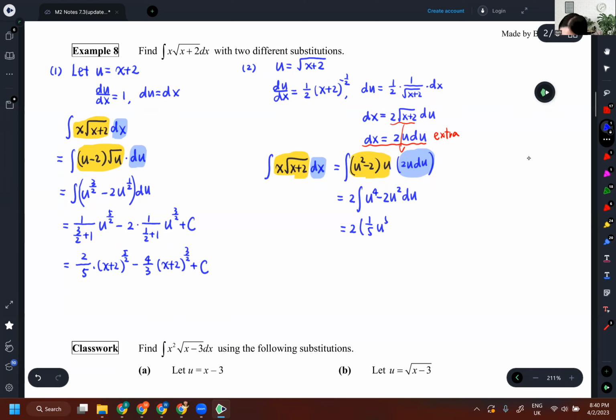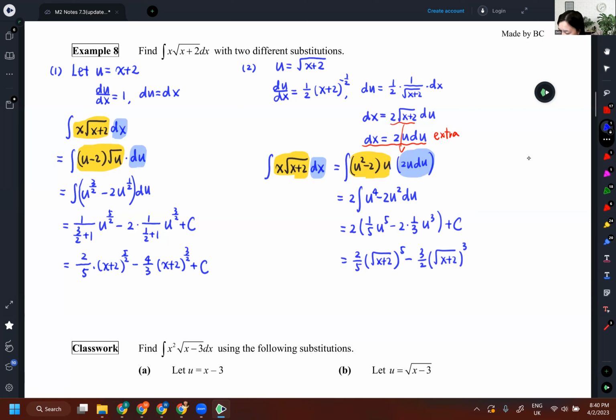And then that's 2 over 5 times square root of x plus 2 to the power 5 minus 3 over 2, no, 4 over 3, sorry, times square root of x plus 2 to the power 3 plus c. The answer is the same, you see.